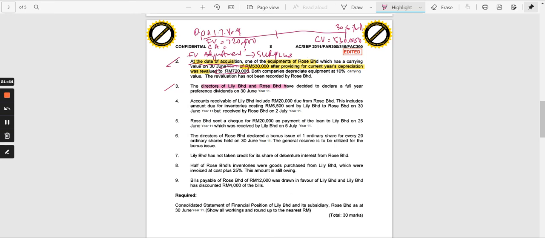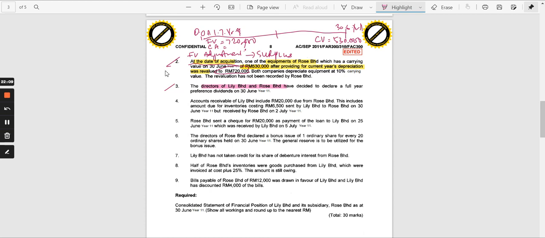So if that is the case, what you need to understand is to check which situation applies. So you know, if you have learned, there are three situations that you may come across. One is where both holding and subsidiary have recorded. Second situation is that both have not recorded the dividends or the interest. The third one is that the subsidiary has recorded but the parent has not.